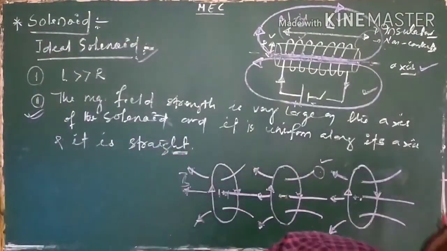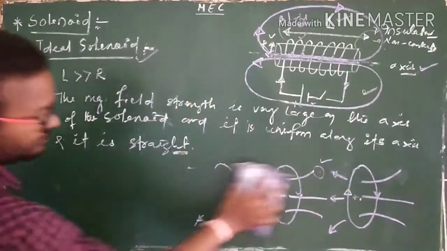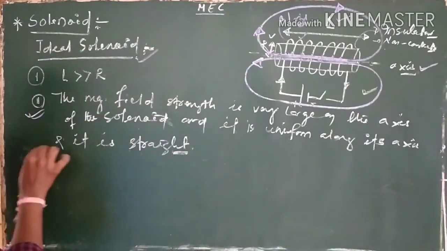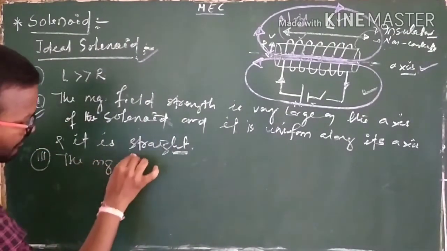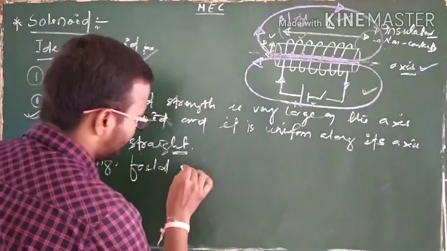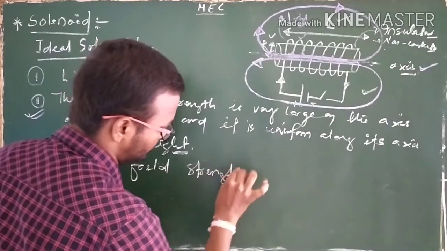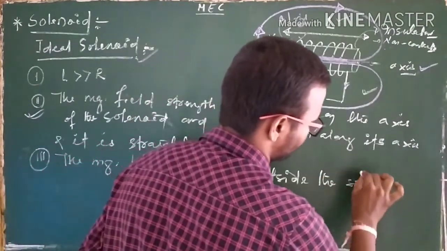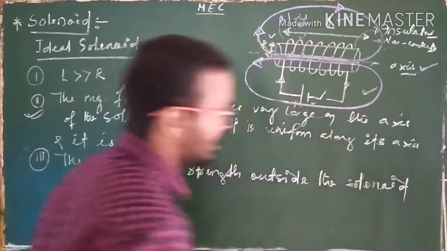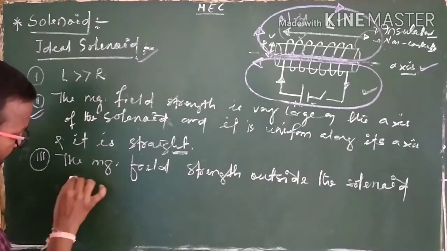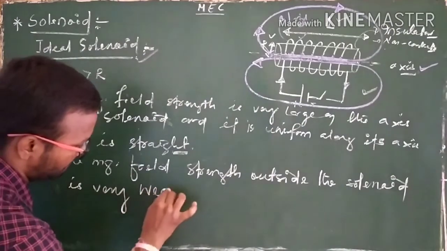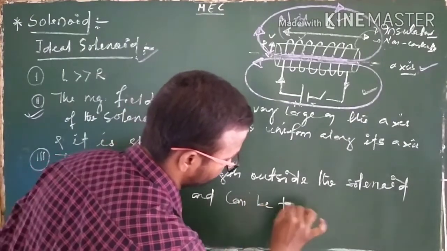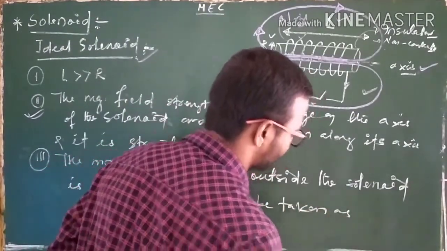Clear? Now the next point, the third point. The magnetic field strength outside the solenoid is very weak and can be taken as 0.